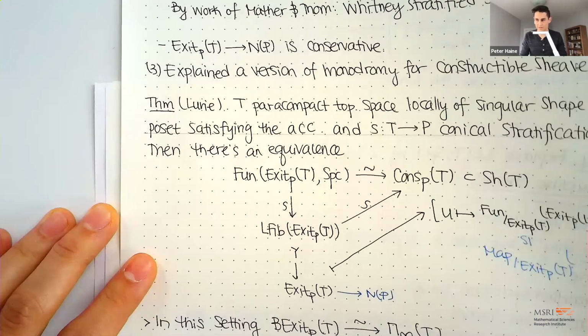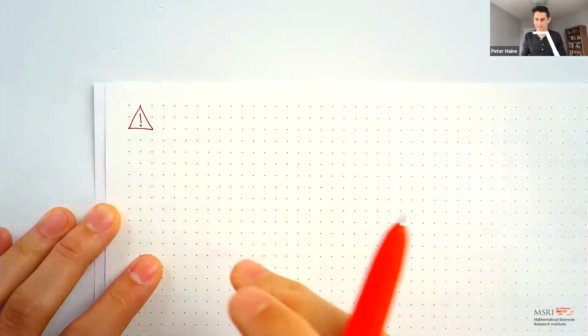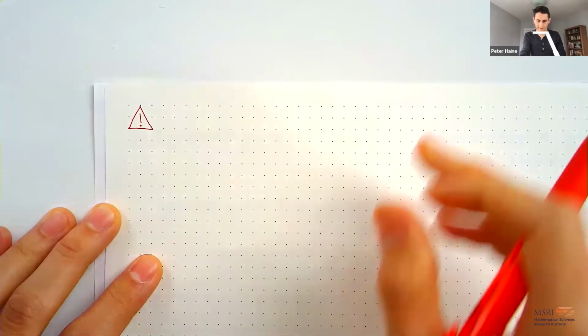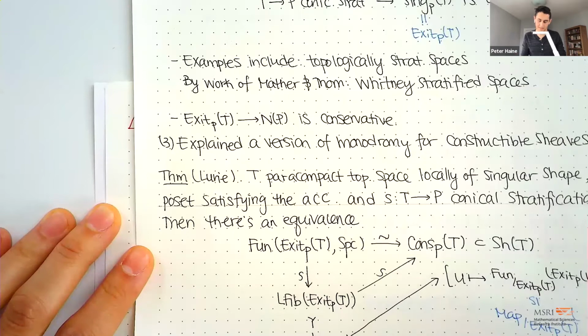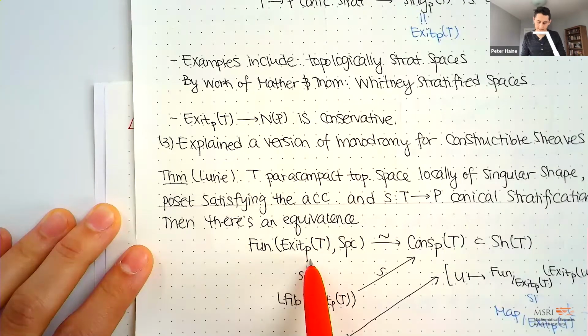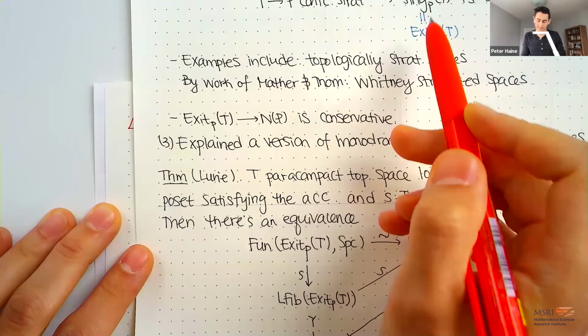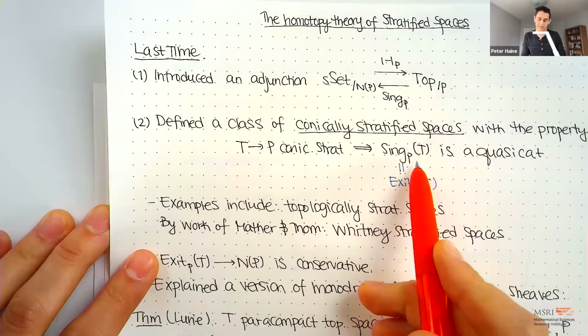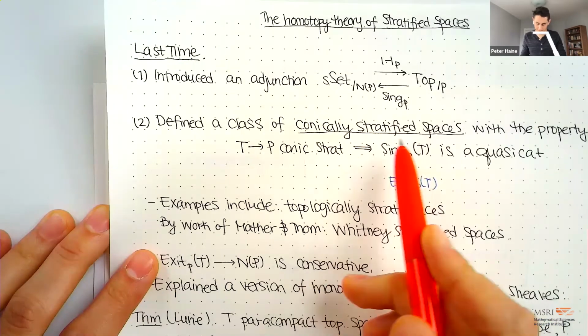There are two small warnings to issue about this. In a lot of cases, things are going to be okay. It's always the case that Exit_P of P is just the nerve of P, because this Sing_P construction is a right adjoint, right? It preserves this terminal object.